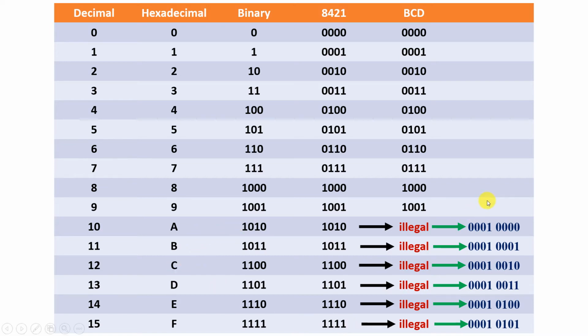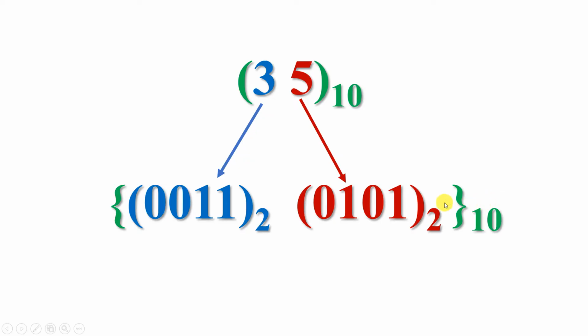Let us go ahead and try to understand how the BCD numbers are represented. So if you have a number 35, since it is the decimal number, we can say that it is 35, and that 35 can be coded as 3 in its equivalent 8421 code.